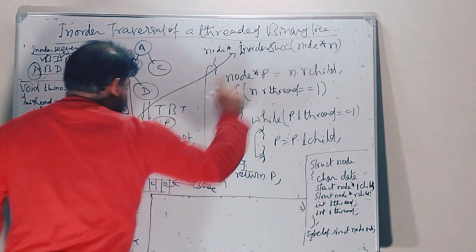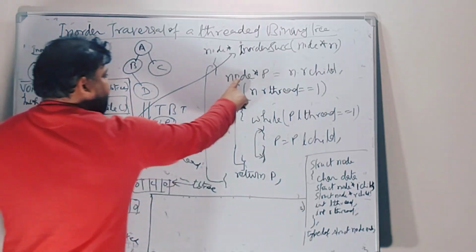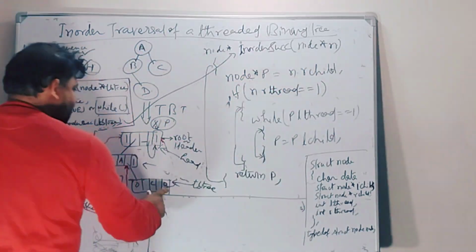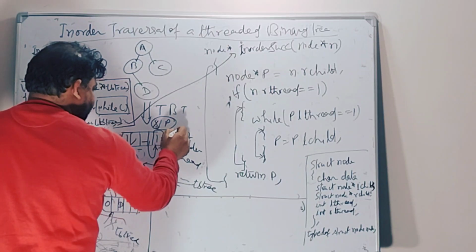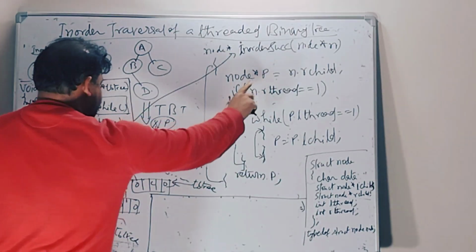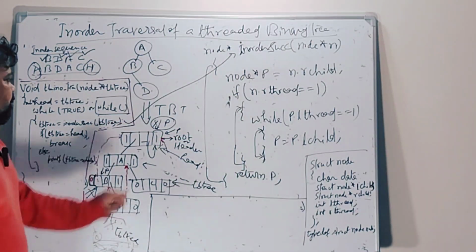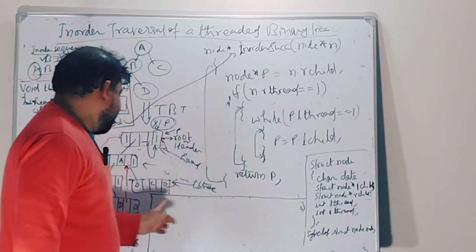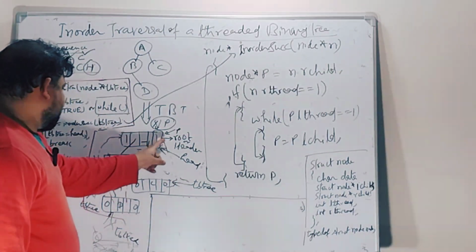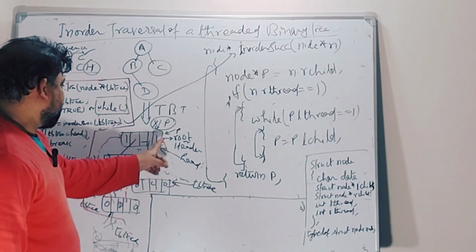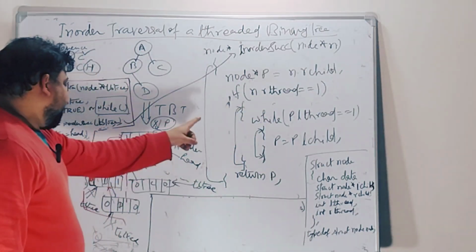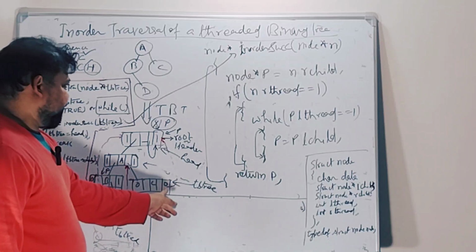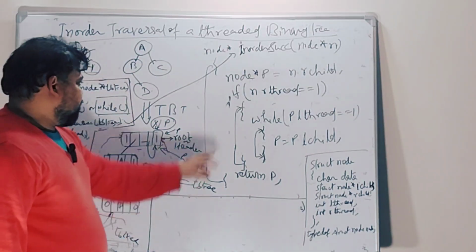So here in n, the value will be C, and the node P, that is the right child of n, this location over here, so this will be like P. Now after assigning this, it will check whether n's right thread is 1. No, it is not 1.